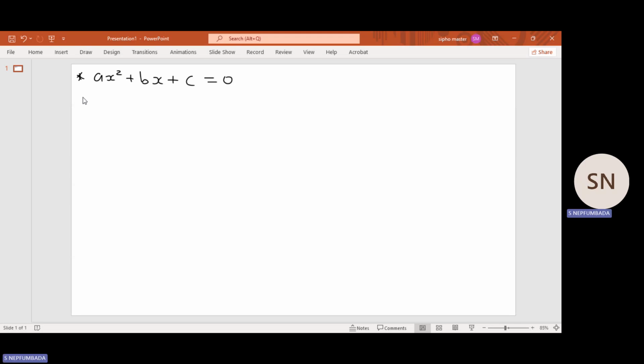It simply means that x equals minus b plus or minus the square root of b squared minus 4ac, all divided by 2a.